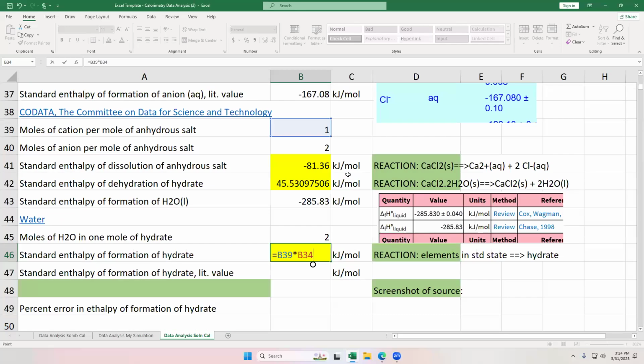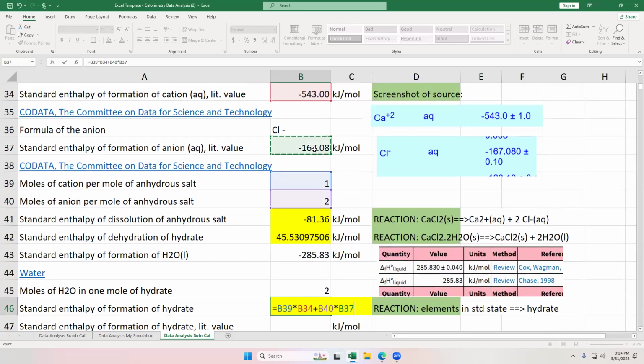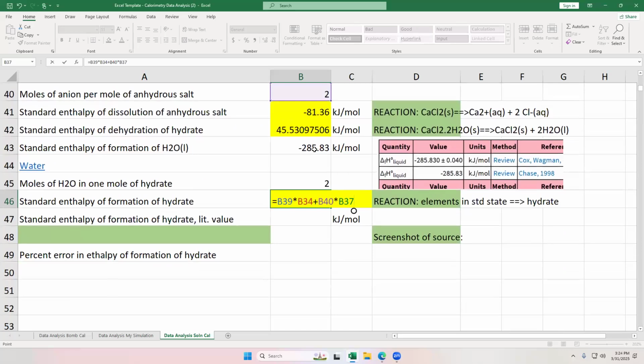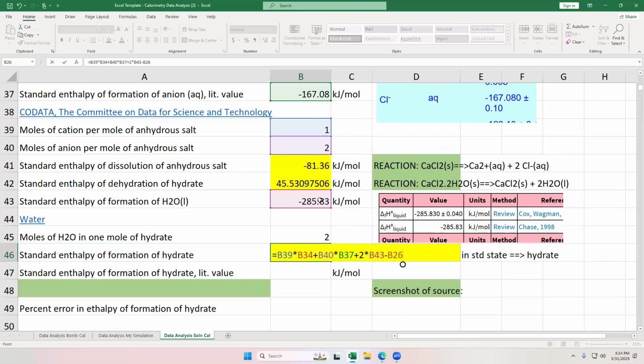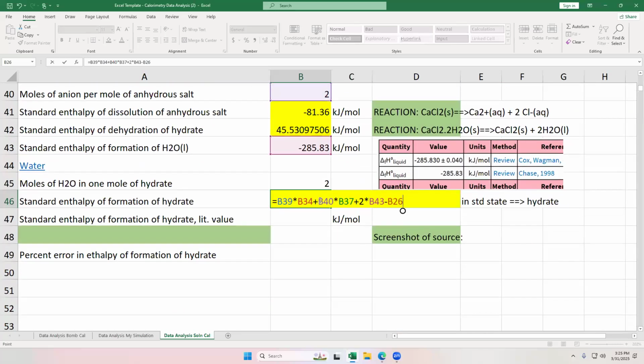You still with me? Plus moles of anion times the delta H formation per mole of the anion. Correct? Plus 2 times the delta H formation of water per mole, minus your experimental delta H, which is this number up here, which we got earlier, the delta H for the dissolution of the hydrate.